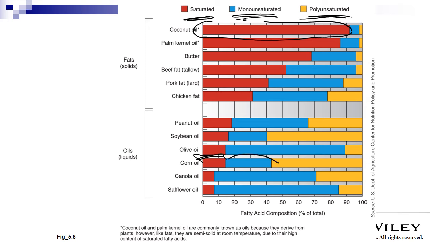It has a whole bunch of monounsaturated, and then a little bit of polyunsaturated. So each of these different oils, remember, all the side chains are going to be different, but overall, this is generally what we're going to see based on that composition. Usually, triglycerides rich in mono and polyunsaturated fatty acids are considered healthier, but it's a little more complex than just looking at the number of double bonds.